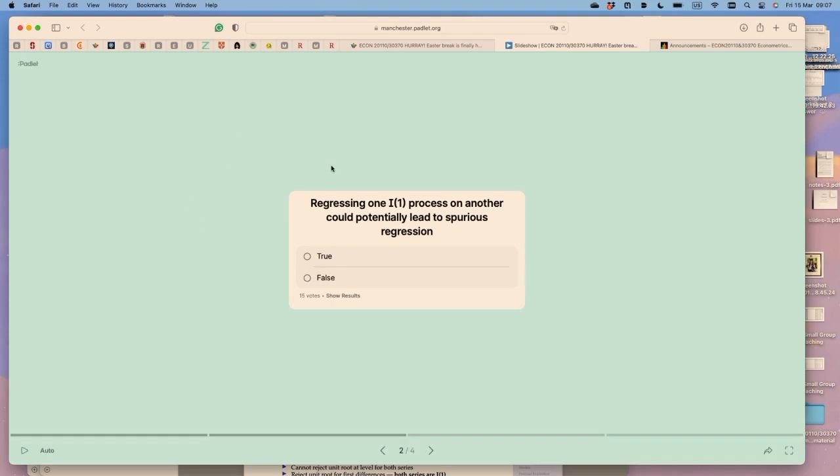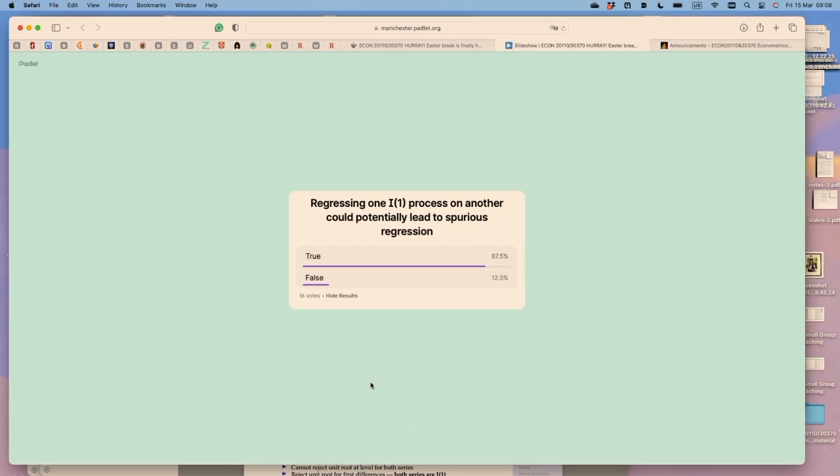Okay. So let's look at the first question on Padlet. Here we have a statement that regressing one I1 process on another one could potentially lead to spurious regression. This is related to what we covered on Monday. And this is indeed a correct statement, okay?